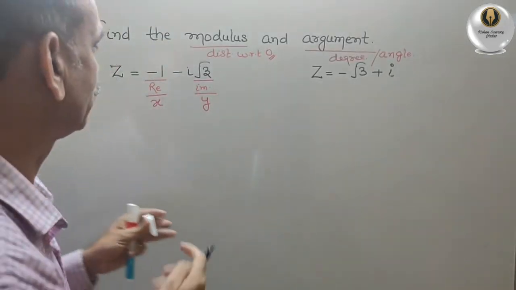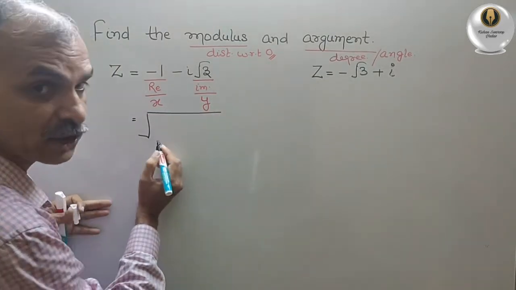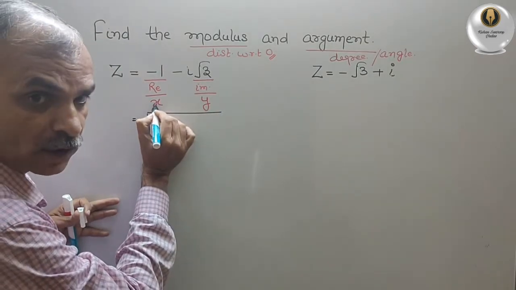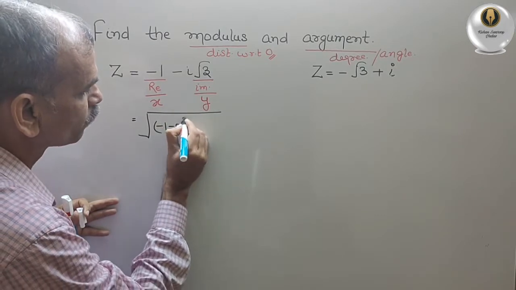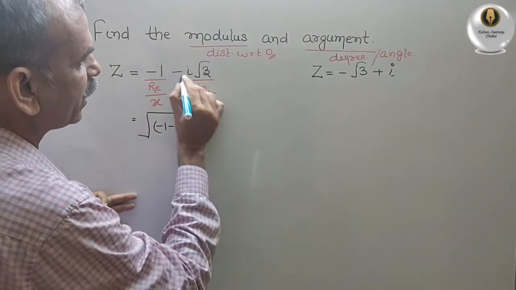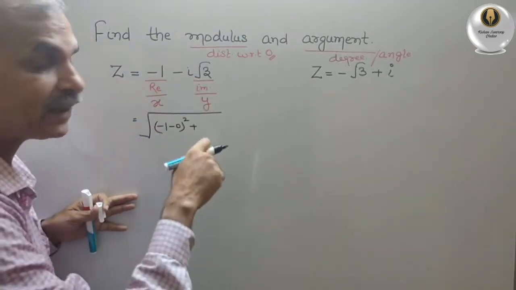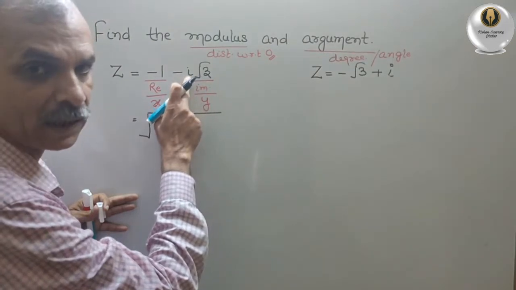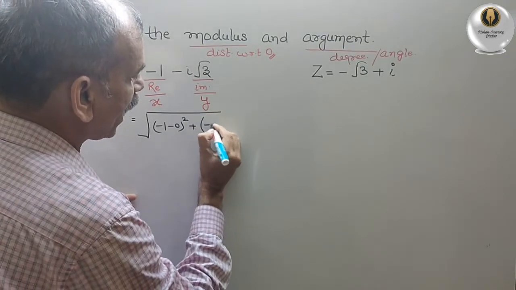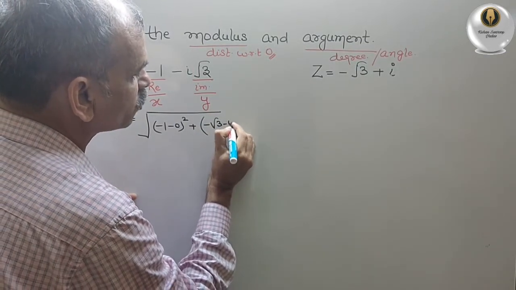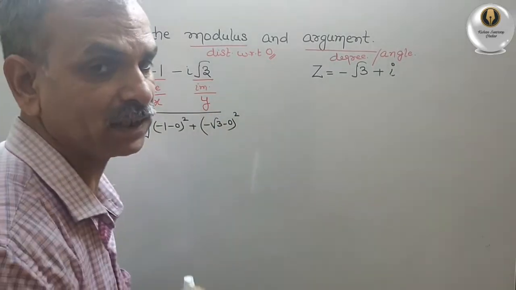Therefore, you will get the x coordinate, that is -1 minus 0 whole square, plus here it is minus root 3, don't take i. They have written i to indicate that it is imaginary. Just take minus root 3. So it will be minus root 3 minus 0 whole square. This is what we learned in 10th class.